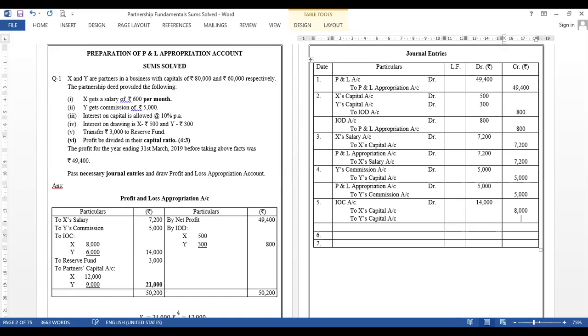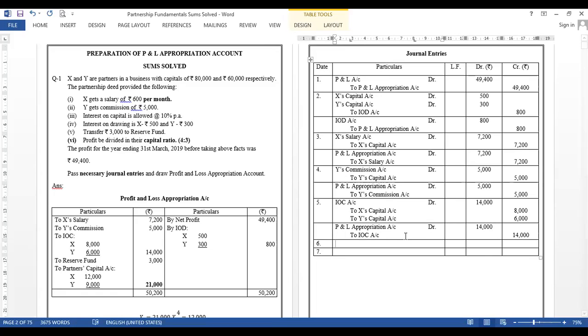X and Y is 8 and 6. ठीक है. Second entry, to close interest on capital. Profit and loss appropriation account debited to interest on capital account. That's very correct. Profit and loss appropriation account debit to interest on capital account. Amount is rupees 14,000. ठीक है.